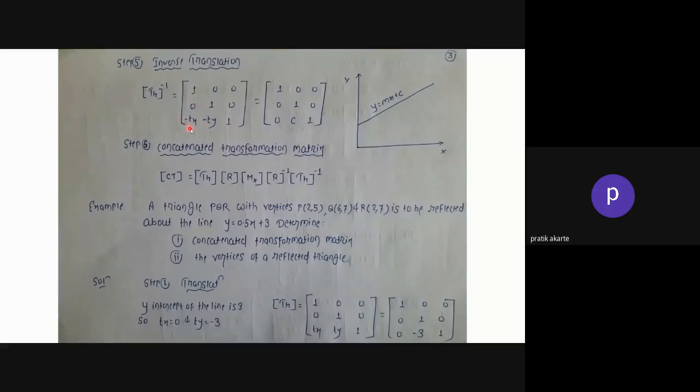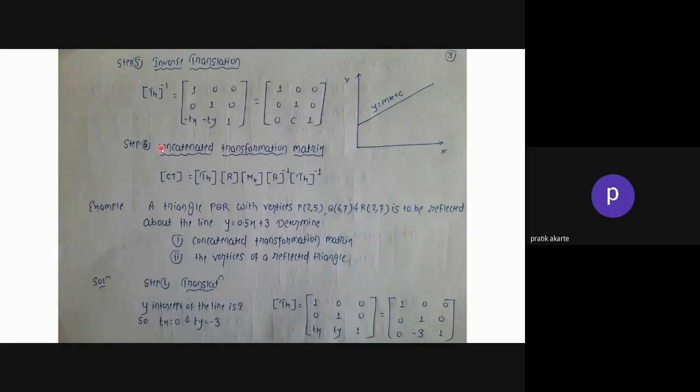We take tx as 0, and minus ty we take as plus c. Now it is 0, and we are translating it by distance c. Let us say for y equals 0.5x plus 3, we will be translating it by 3 units. And in the first step, we translated it by minus 3 units so that it would pass through the origin. Those are the changes we have made.